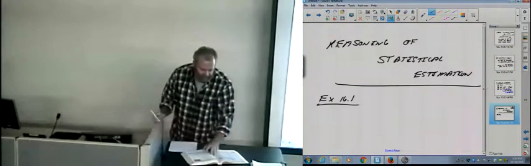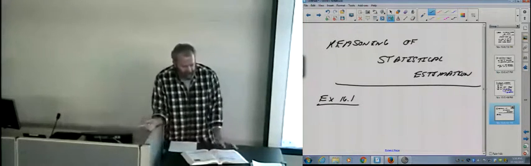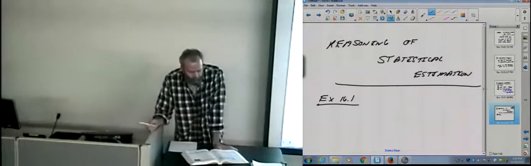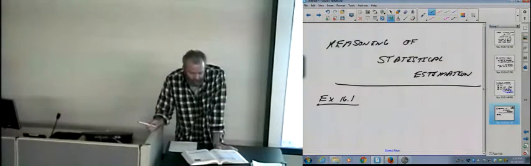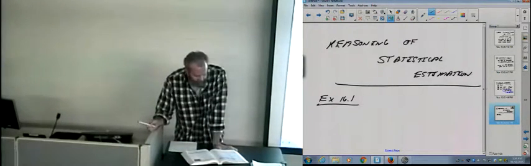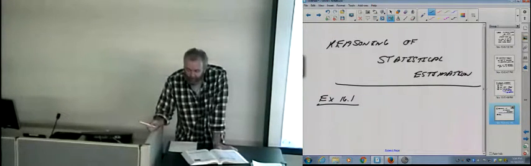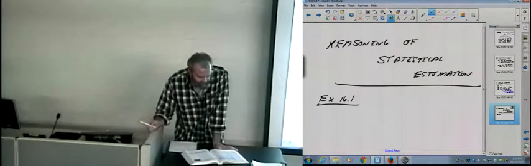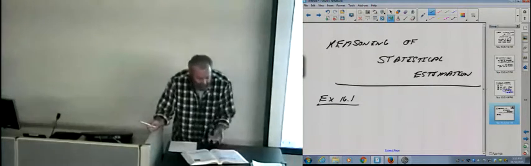It says, an NHANES report gives data for 654 women aged 20 to 29 years. The mean BMI of these women, x bar, was 26.8. On the basis of this sample of 654 women aged 20 to 29 years, we want to estimate the mean BMI mu in the population of all 20.6 million women in this age group.